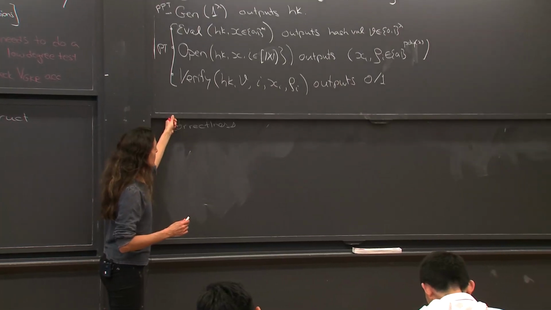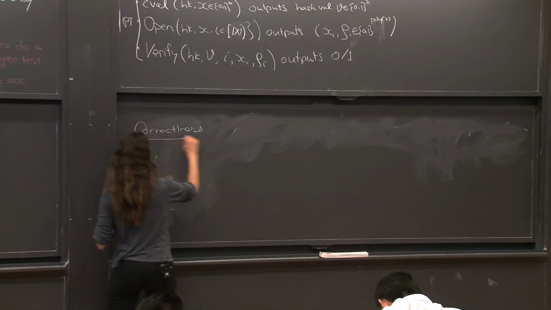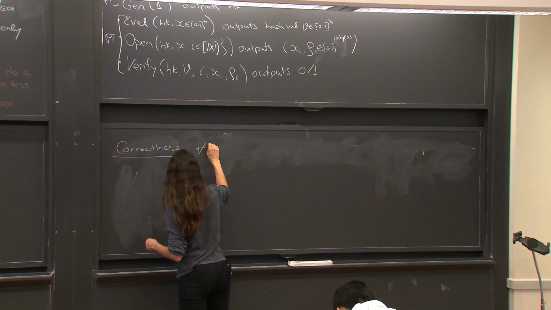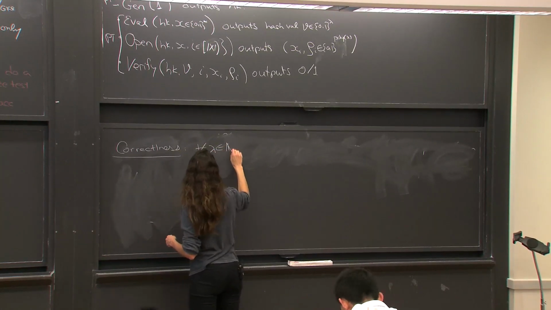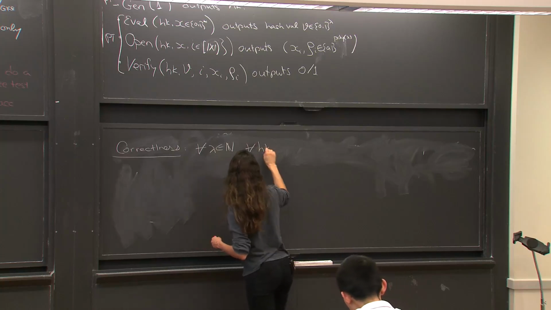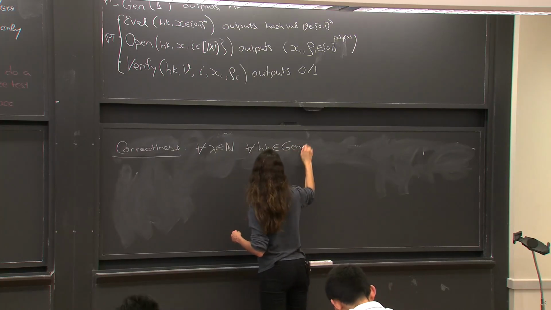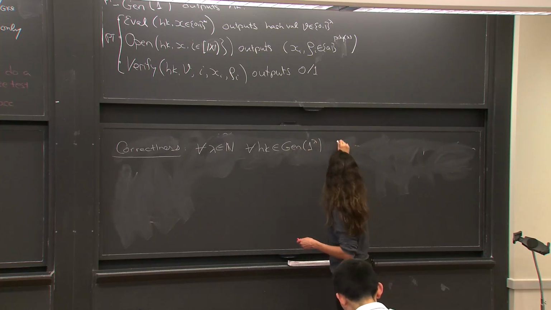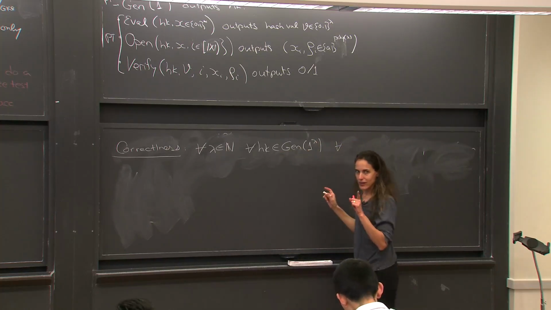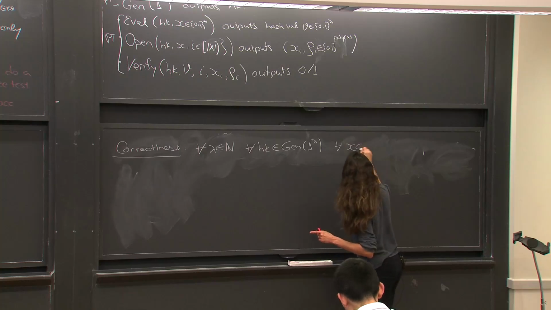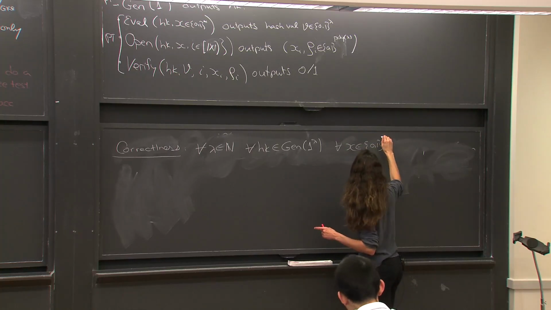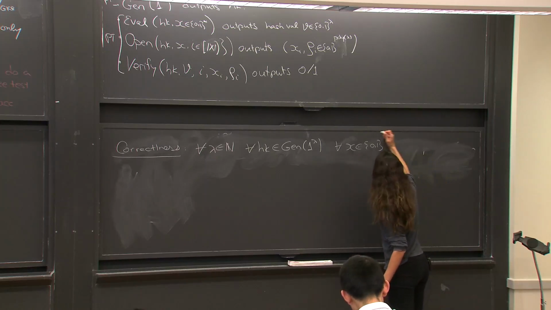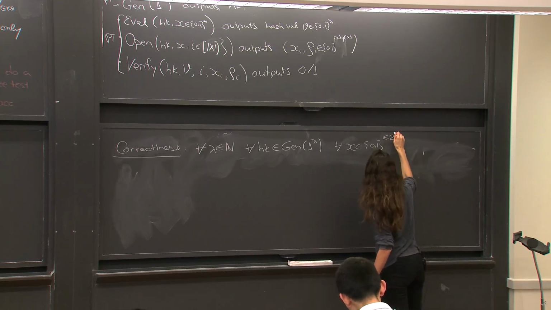So the correctness guarantee just says that, for every lambda, every hash key generated, like in the image of Gen, and every x, we get completeness, for x in {0,1}^n with n smaller or equal to 2 to the lambda.